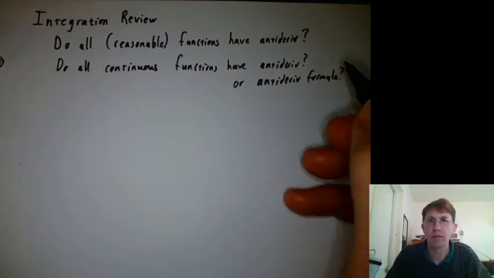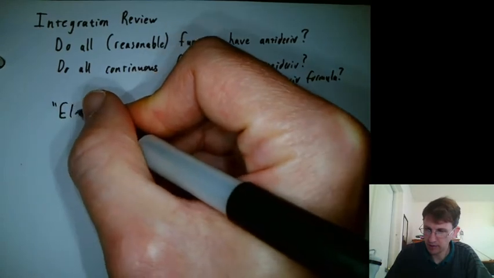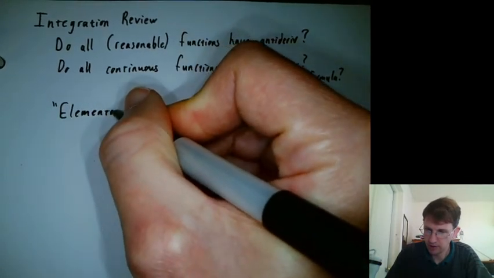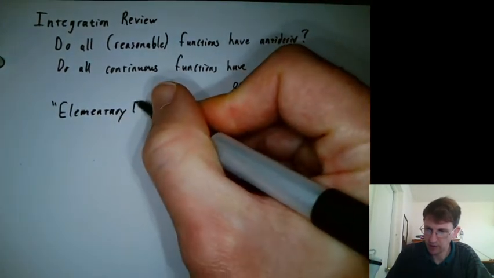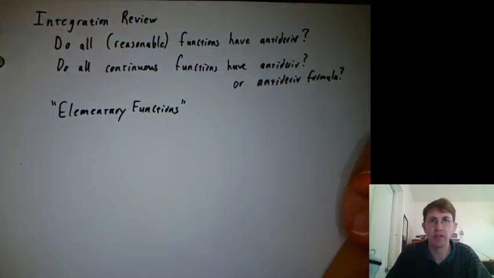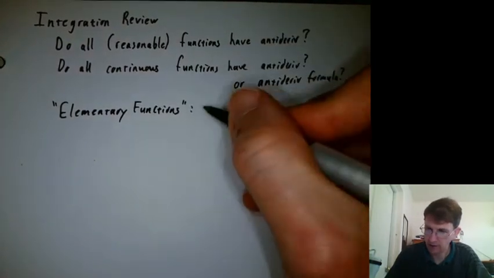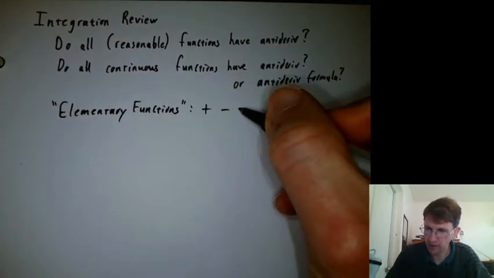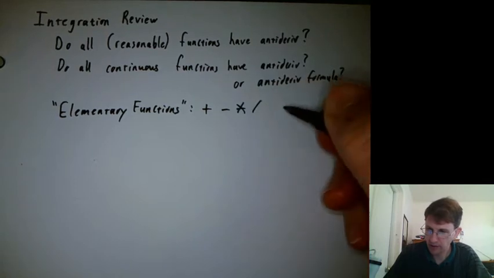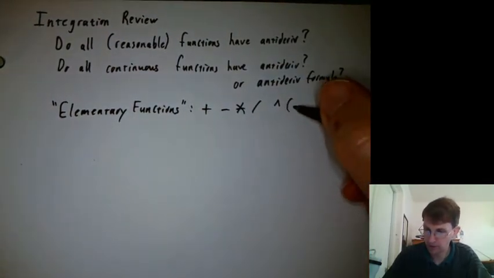Well, let's think, what does it mean to have a formula? There's a definition called elementary functions, and we don't mean elementary school here. We mean things that you would see in basically algebra and trig classes. And so that's plus, minus, multiply, divide, and powers including roots.